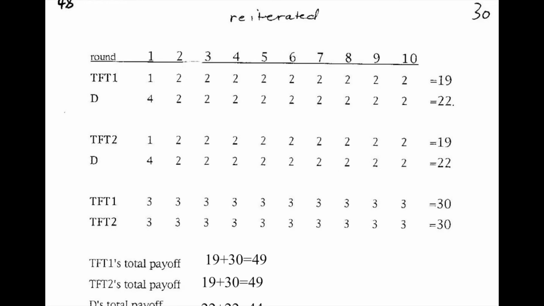So we have this problem of how we expect tit for tat or reciprocity or cooperation to emerge or to invade a population that is all defect.